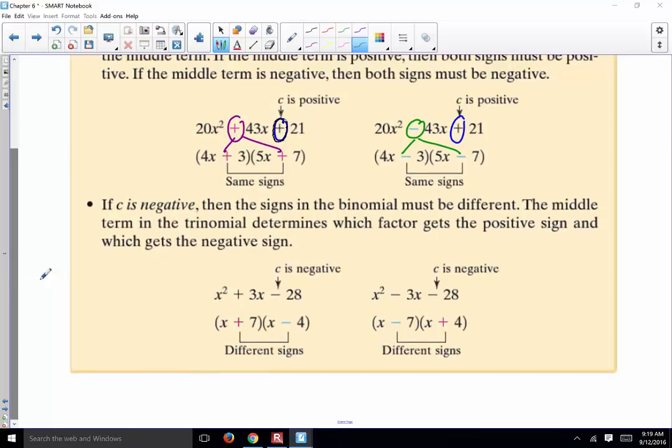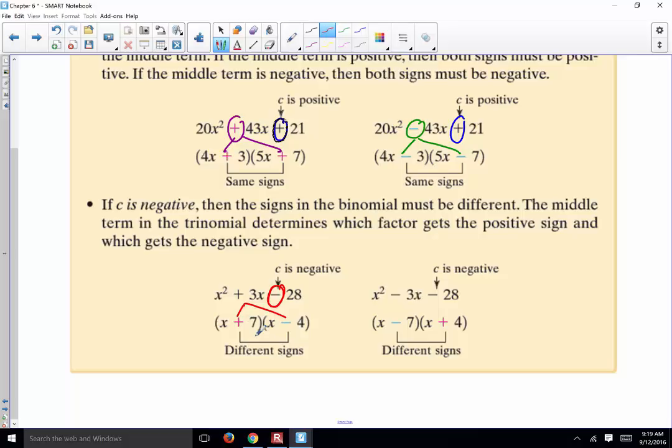Alright. If it is C, the number on the very end is negative, then this is a little bit not straightforward. The middle sign is positive or negative. There are two options then. And these terms, factors can be one positive, one negative, but we can never be sure which one, big number or small number, negative or positive, until you multiply out.